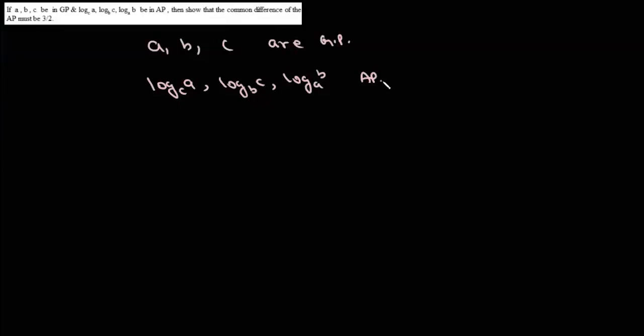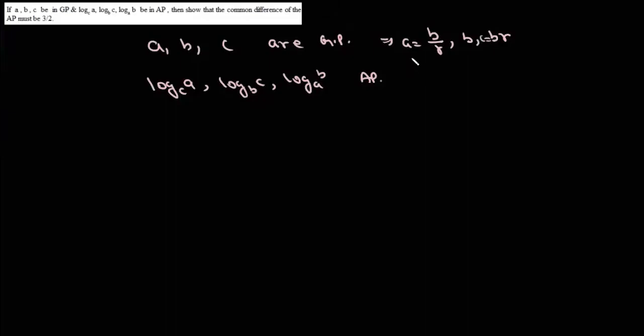Now what we'll actually do is, we'll take these three terms as B by R, B, BR, where R is the common ratio of this GP. That's your A, this is your B, and that's your C.